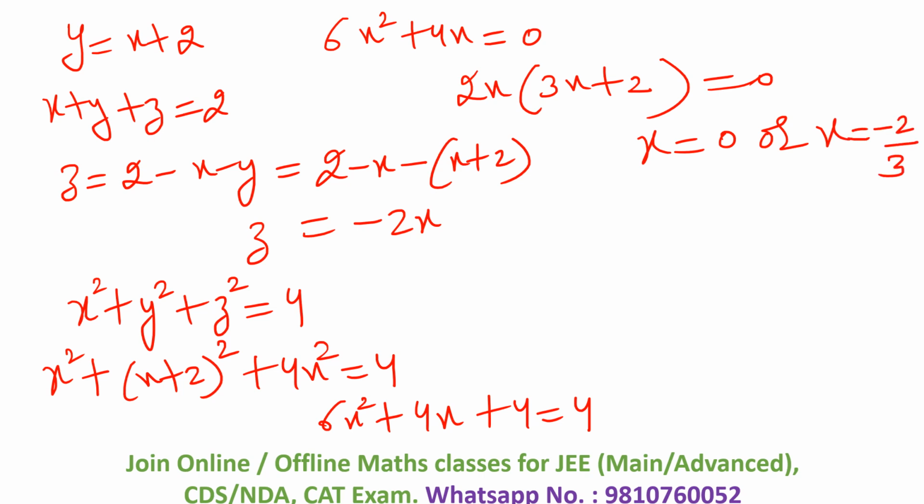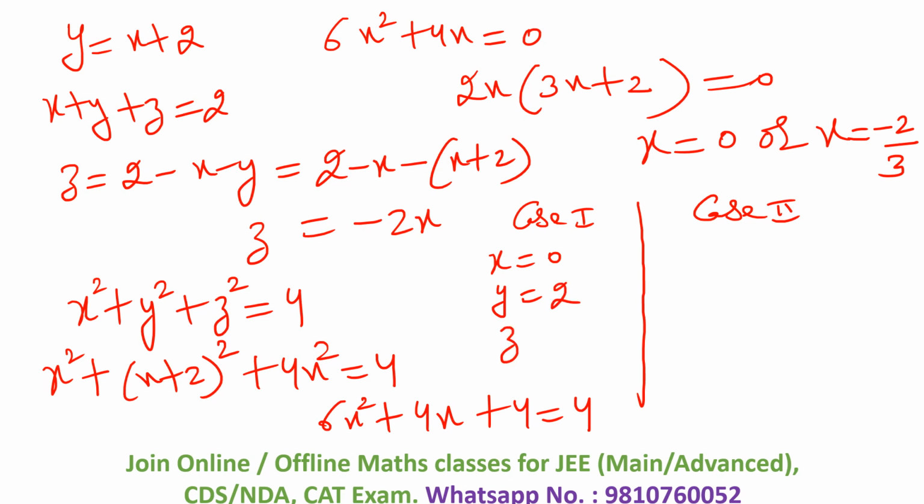Fine. So students, I will be discussing two cases now. In case number 1, we have x as 0, y is x plus 2, so y will be equal to 2, and z is minus 2x, so it is just 0.